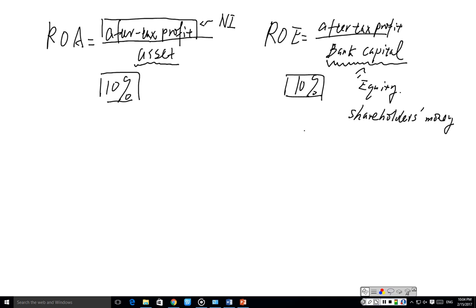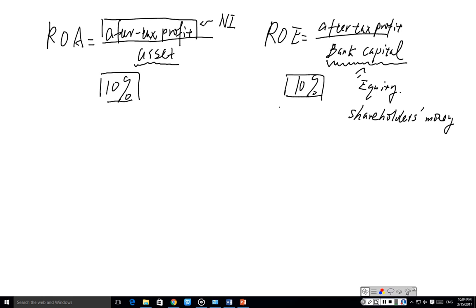So you can explain the 10% for the ROE like this: for every $1 shareholders invest into the company, it will generate 10 cents of profit.